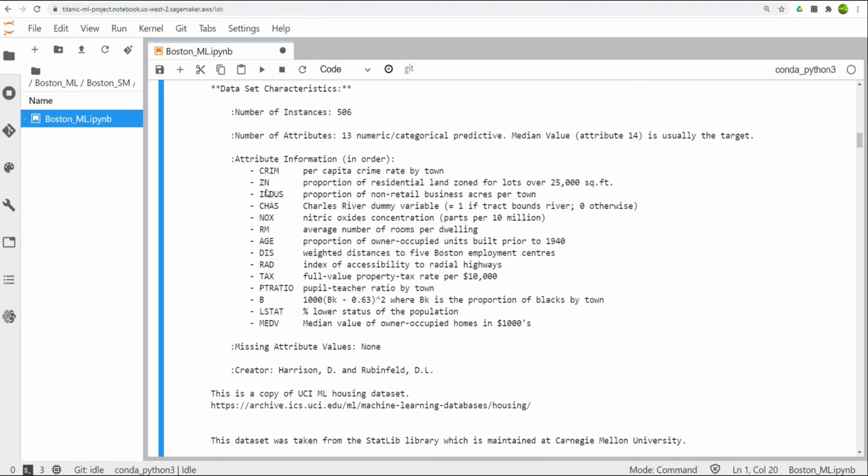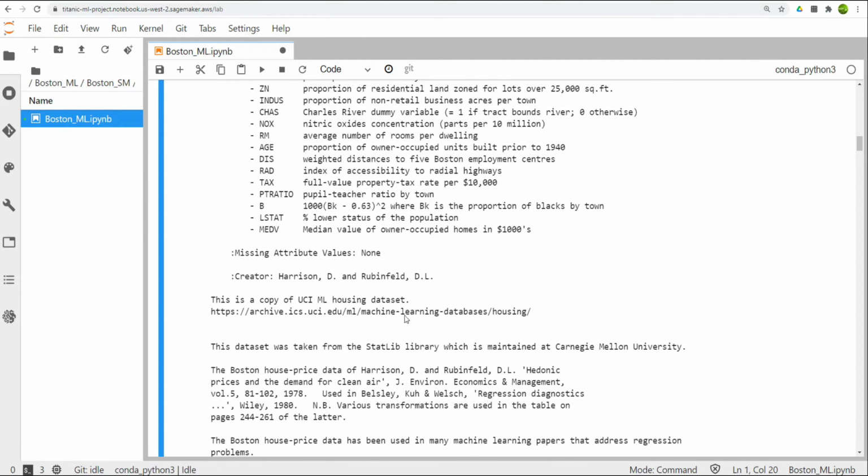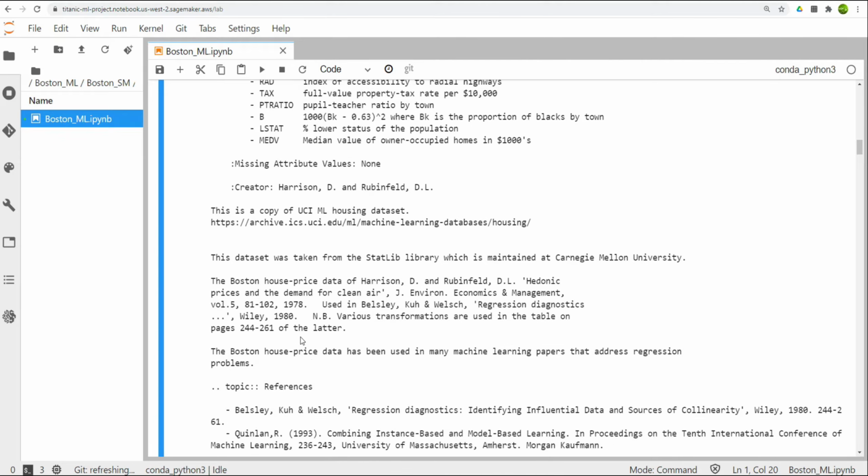Then we have ZN, which is for the proportion of residential land zoned for lots over 25,000 square feet. And then so on, we had the description for all the feature columns. If you want, you can also download the dataset from the link here, which is for the UCI machine learning repository. I will provide the Jupyter notebook in the resource section, so you can visit this link on your own.